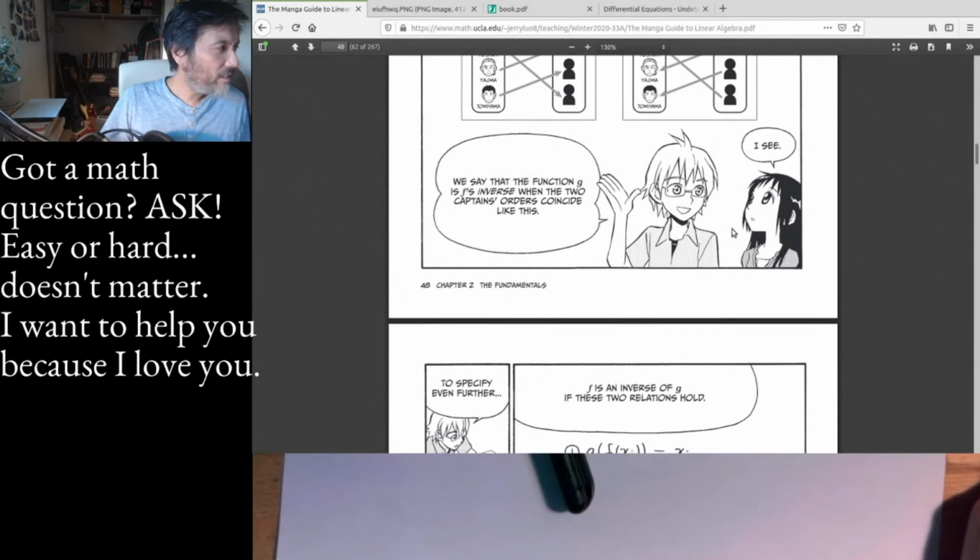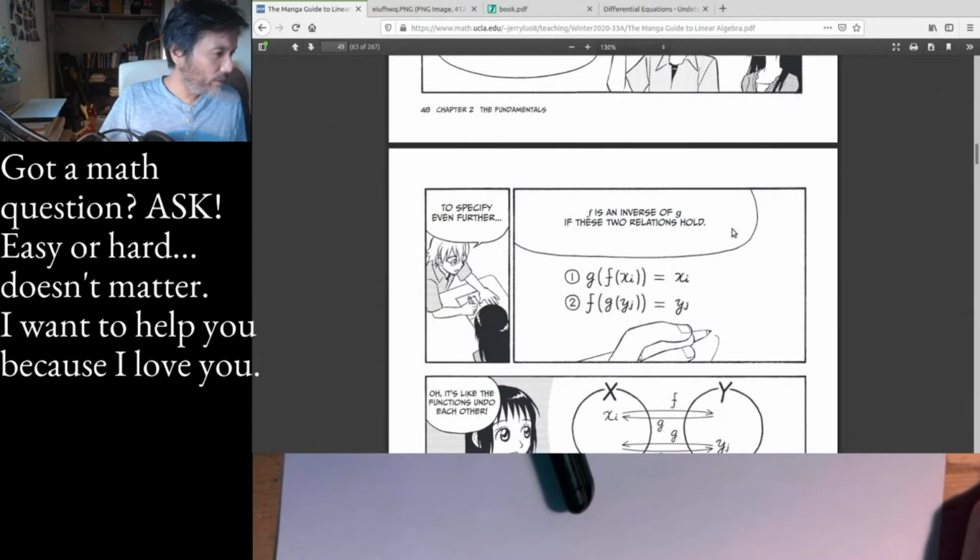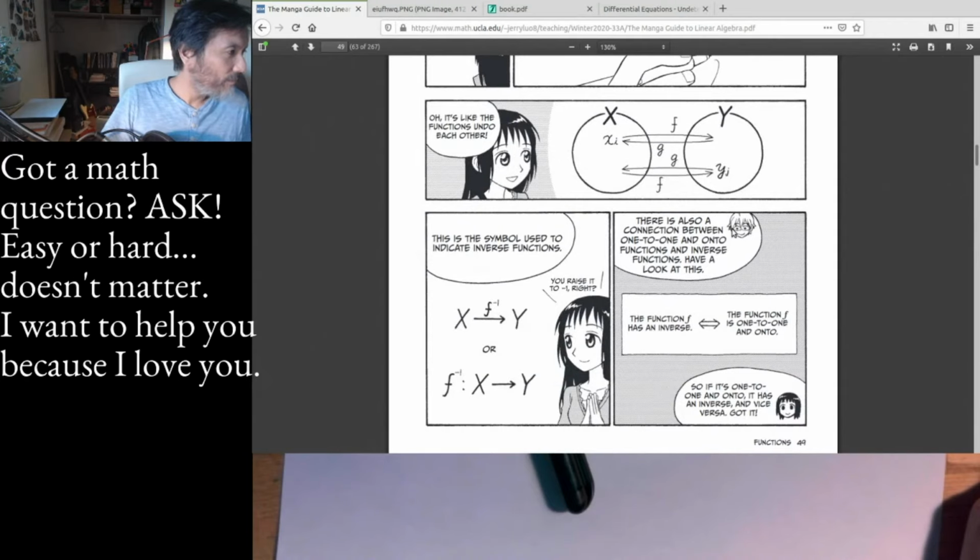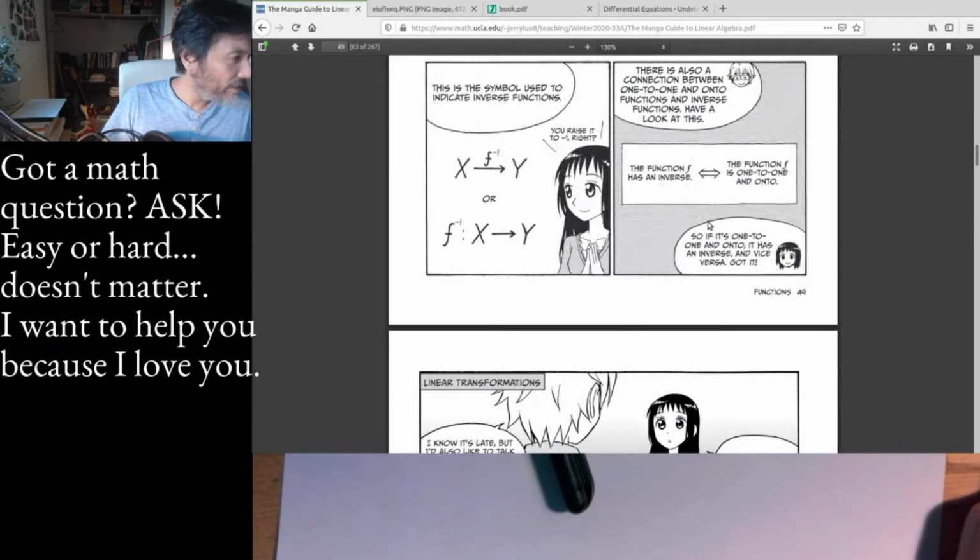We're on page 48 of 63 of 267 right now. So it's like the functions undo each other.